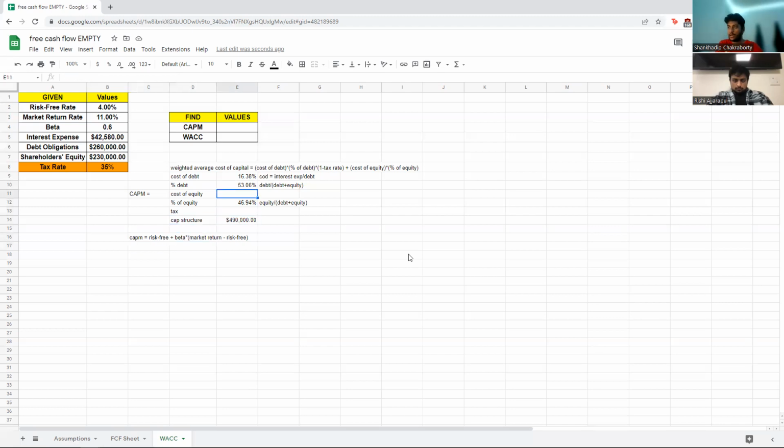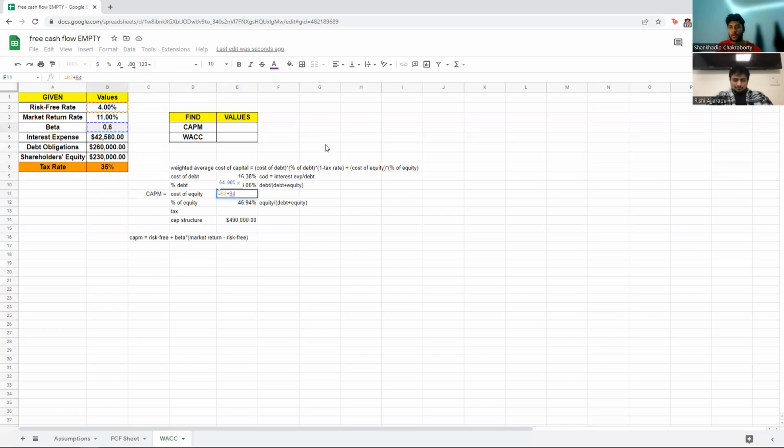So we have the equation down here. We know CAPM is cost of equity. I'm actually going to make this right indented so it's easier to see. We're just basically going to plug and chug here because we already have all of the things that we need here. Cost of equity, CAPM formula. Where's the risk-free rate? It's up there. Plus your market beta, 0.6.